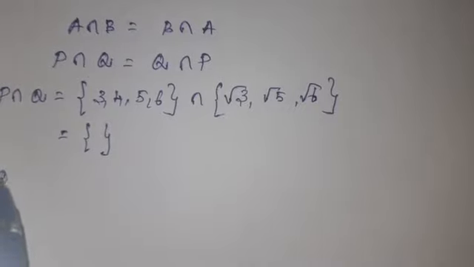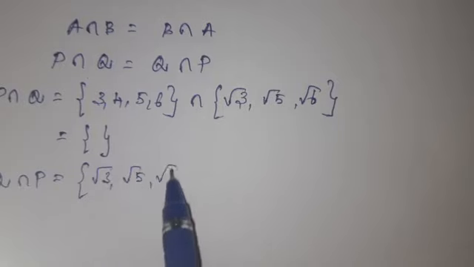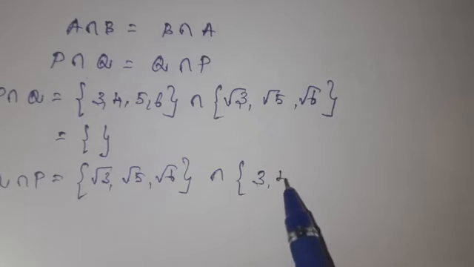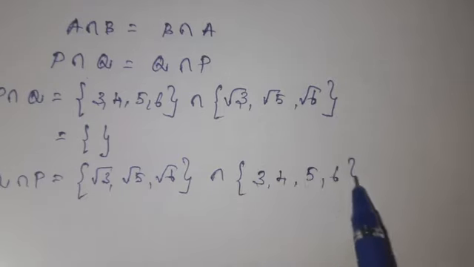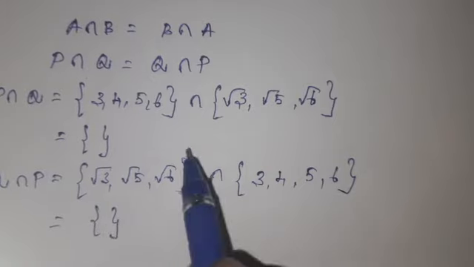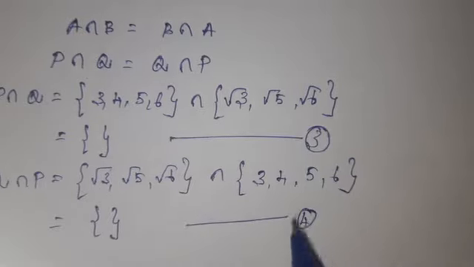Next I am going to find Q intersection P. Q set is root 3, root 5, root 6, intersection P is 3, 4, 5, 6. Is there any common element? No, so you should write an empty set. I am giving this one as 3 and this one as 4.